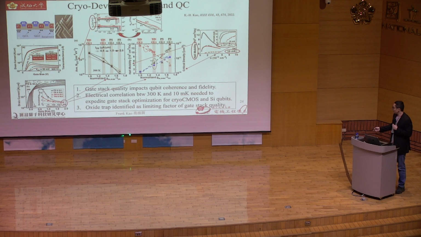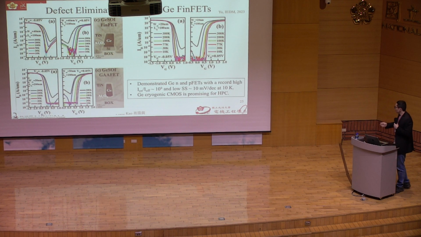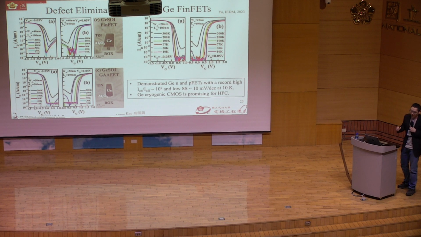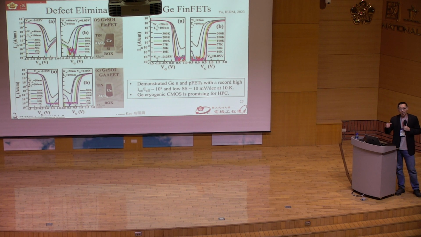And in this work, we also identify oxide trap as the limiting factor for the gate stack quality. Okay, for cryo-CMOS, if we want our system to work faster, we always want our on-current as high as possible.